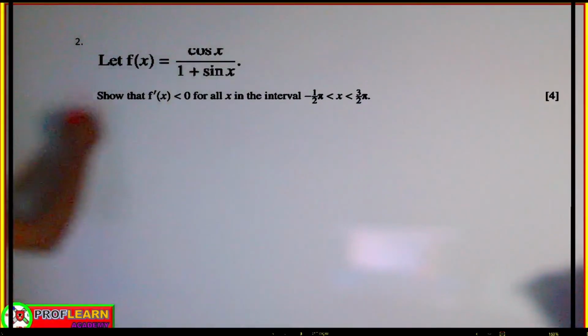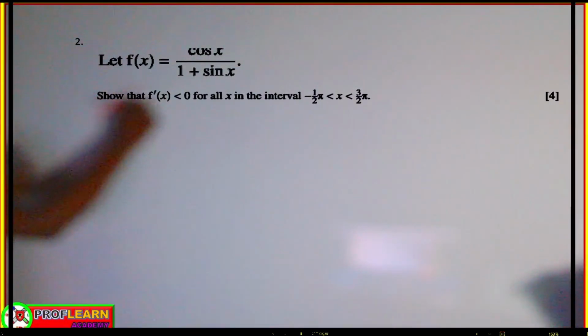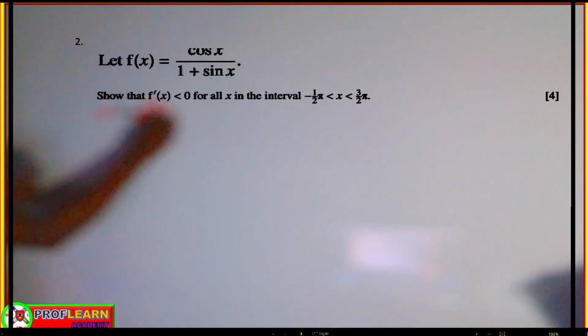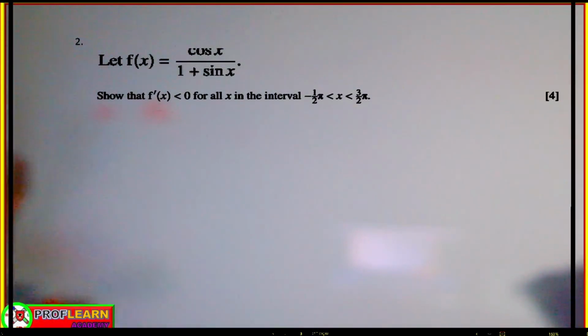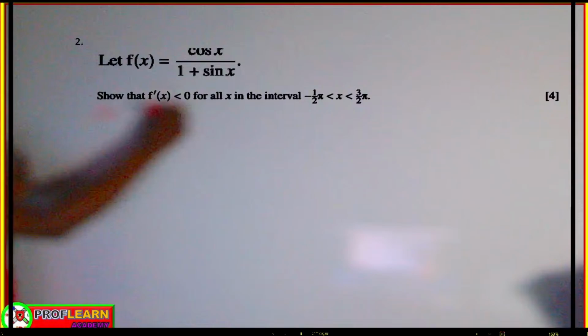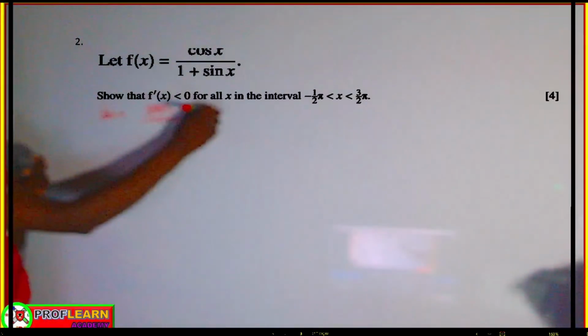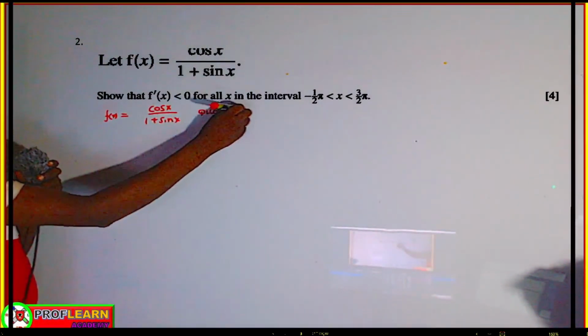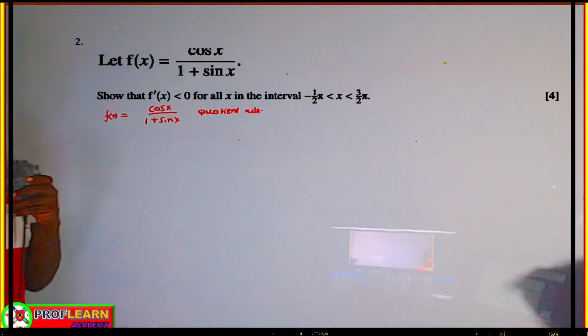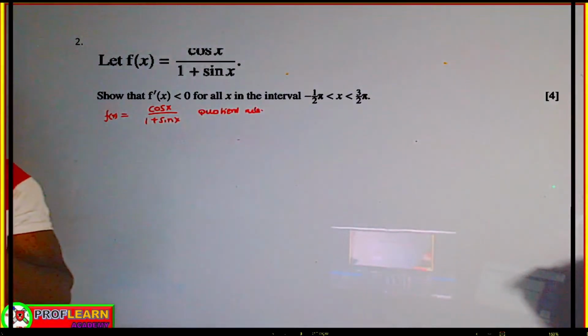Okay, now since we are told that our function that we are interested in, f of x, is cos x over 1 plus sin x, this will mean that the rule we're going to use here is the quotient rule. We're going to apply the quotient rule in this particular question.